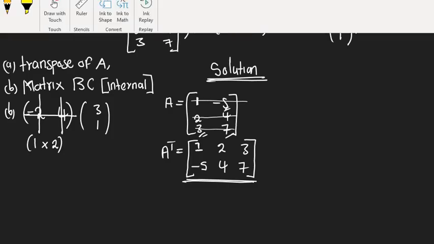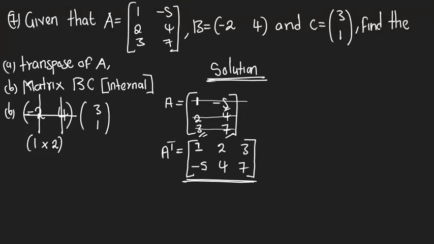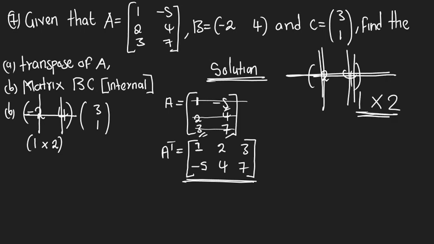Clear? Yeah. So matrix order is always rows by column. You have something like this. This one is a row, then columns. So you always start with rows. So you have 1 row, then 2 columns.